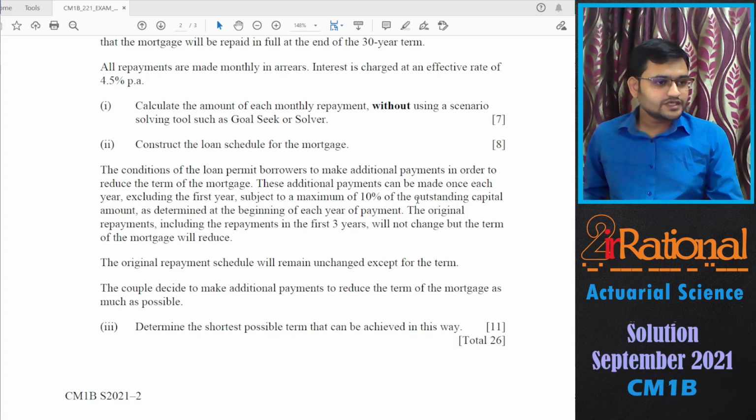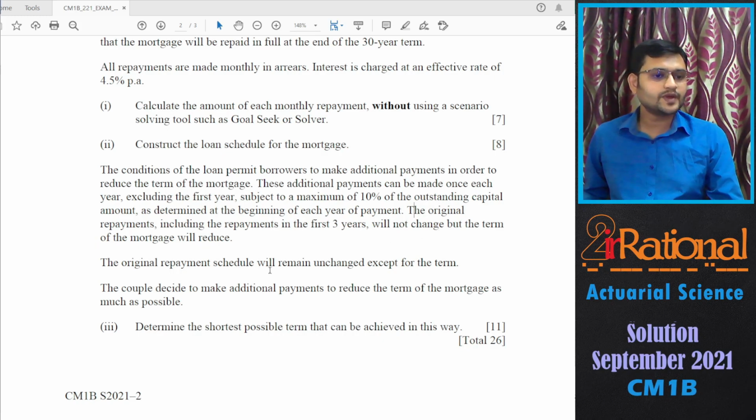So the outstanding capital amount should be determined at the beginning of each year, but the payment would be at the end of each year. Correct. So the original repayment, including the repayment in the first 3 years, will not change, but the term of the mortgage will reduce.